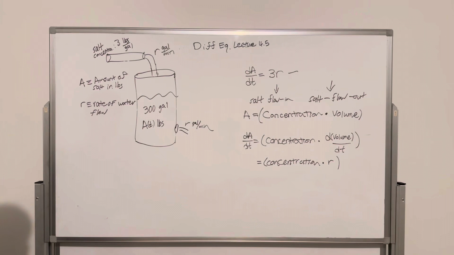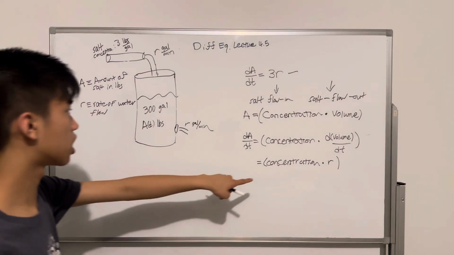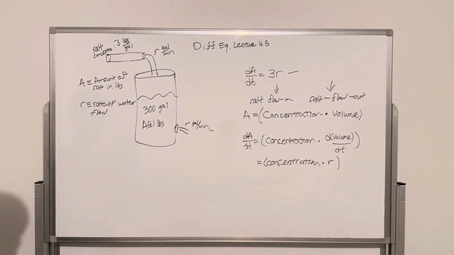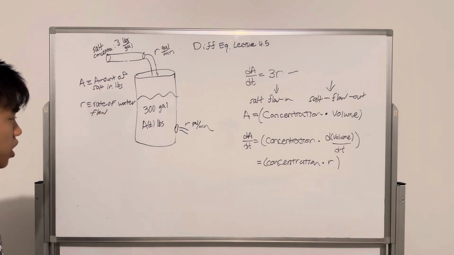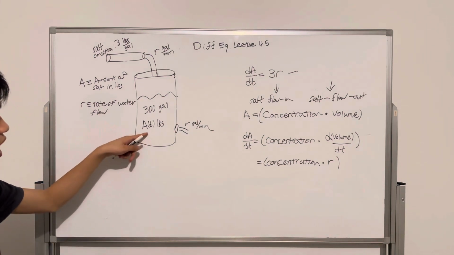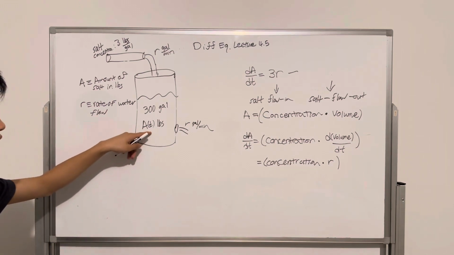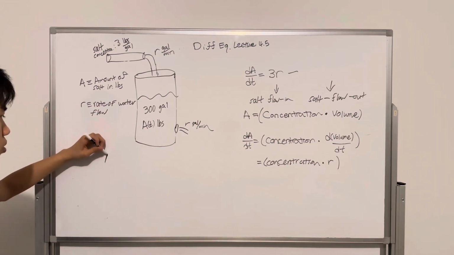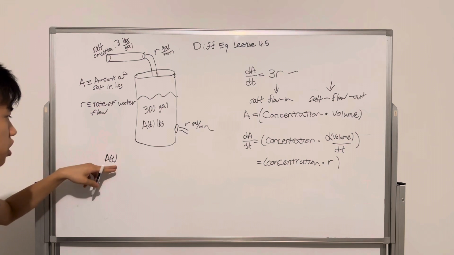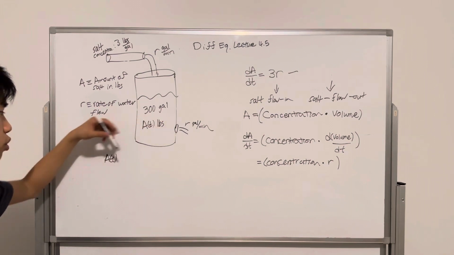To do that, we need to know what the concentration is. We have A of t pounds of salt in here at all times, and a volume of 300 gallons.